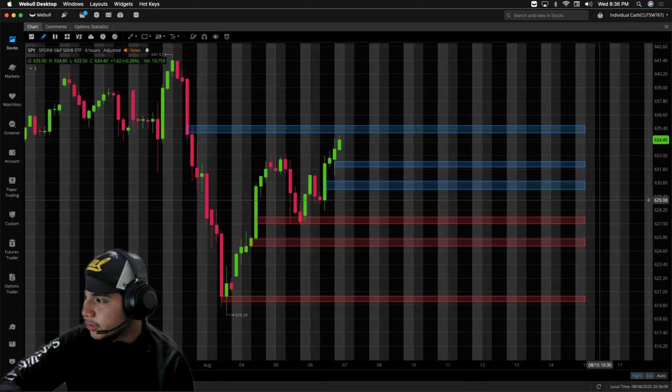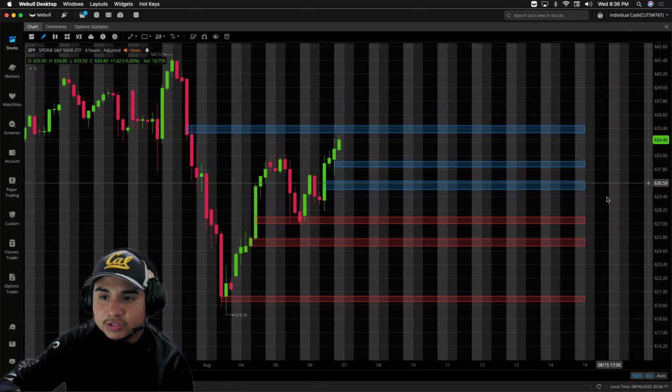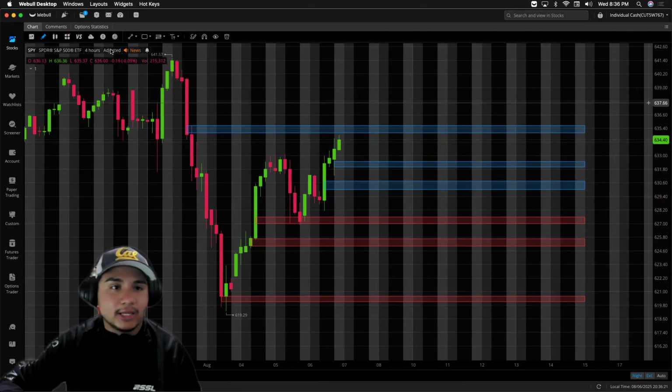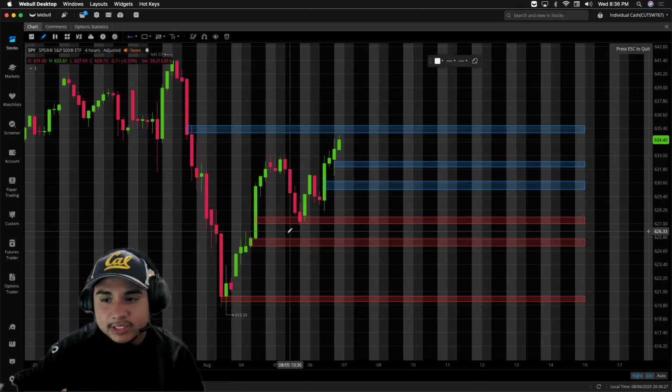So we have 629 max pain, where the majority of people will feel pain. That's buyers and sellers. So 629 is an area that everybody will feel pain.